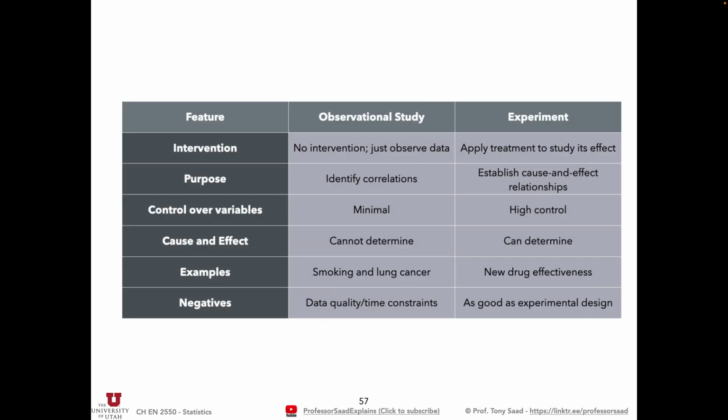Okay, so there are pros and cons for each. In observational studies, there's no intervention. You're just observing. With experiments, you are doing an intervention. The purpose of an observational study is to identify correlations, and with an experiment, to establish cause and effect. You have no control over the variables in an observational study.